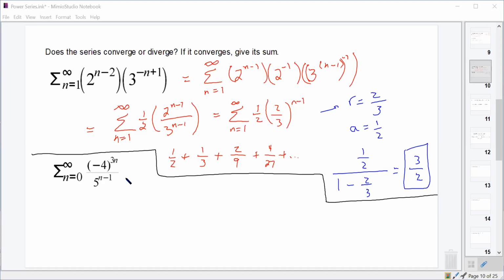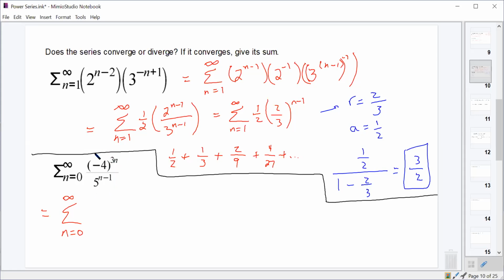So how could I rewrite -4 to the 3n so that it just has a power of n on something? Raise it to the 1/3 power. So -4 to the power 3n, then to the power 1/3. Well, I can't just raise it to the power of 1/3 though, because that changes the entire nature of this thing.